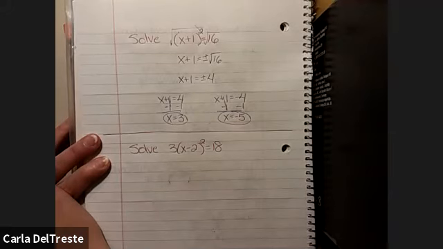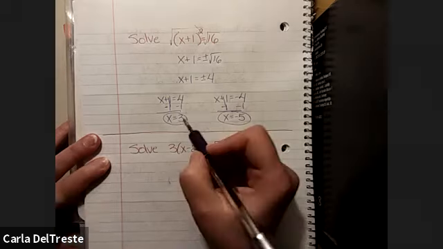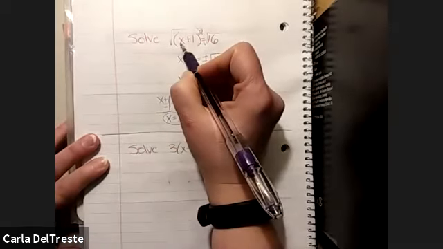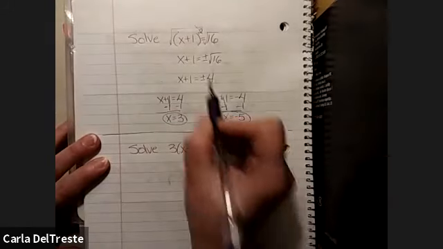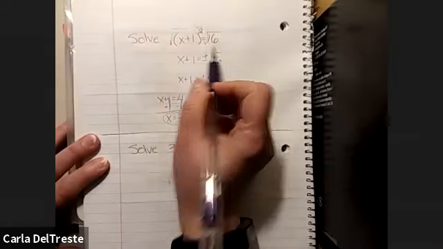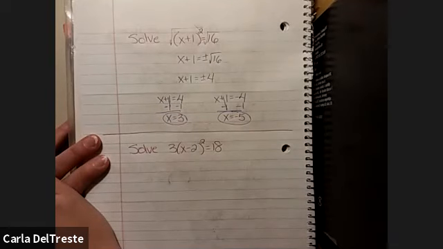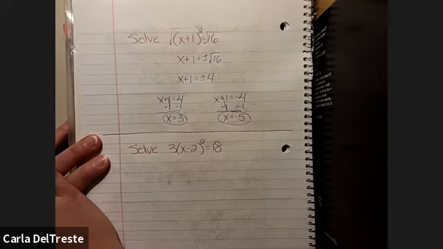If I wanted to check to make sure that they both balance out the equation, I would just take 3, plug it in for x, and work it out. I would take -5, plug it in for x, work it out. And you should see that you would get 16 in both of those cases. So with all the other algebra that we saw, these are nice because they are checkable.